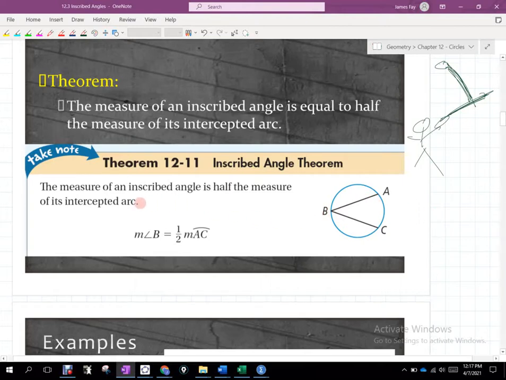So that's what's going on here. When we call it the intercepted arc, it is the arc that is created as this ray cuts through a path and that ray cuts through a path. So the intercepted arc is the arc that is created by the inscribed angle. Does that make sense? Sometimes they refer to it as the subtended.